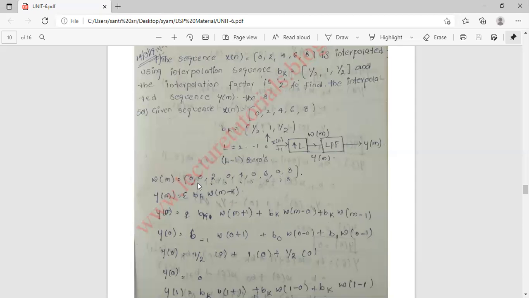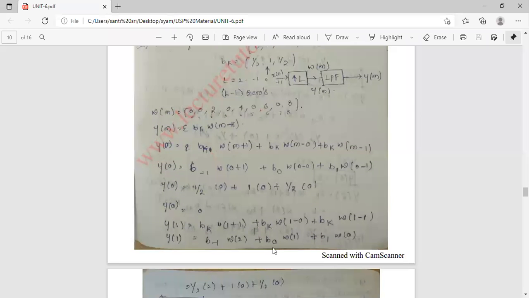So it starts from minus 1, that's why we will take w of m values from minus 1 onwards, up to 8, and in between these values are zeros. So b of minus 1 is 1 by 2: 1 by 2 into 0, plus 1 into 0, plus 1 by 2 into 0.